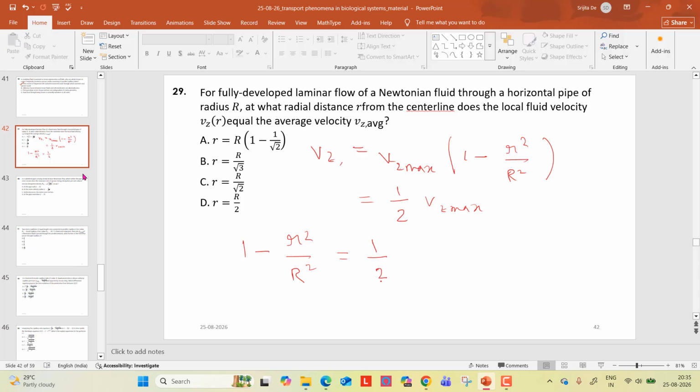So r square by capital R square will be 1 minus half. So r will be capital R by root 2. So this is option C. This is a very interesting question. You need to solve this.